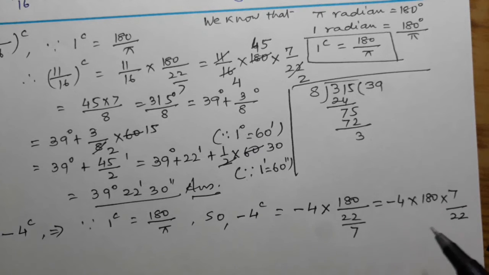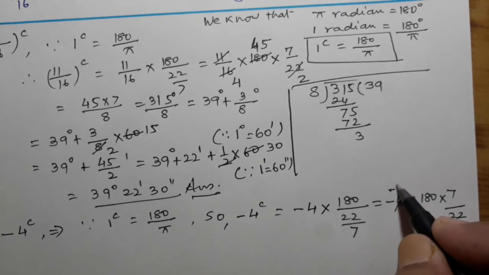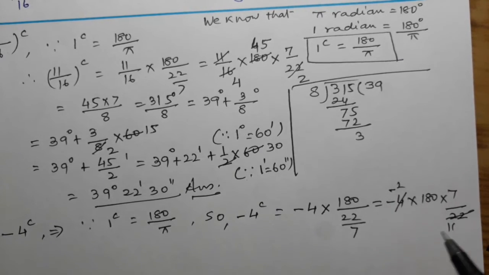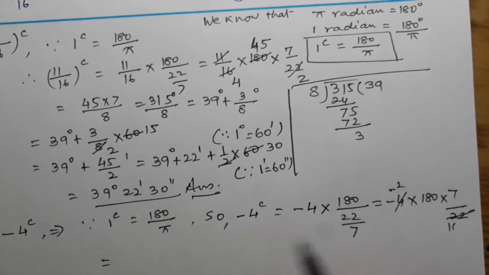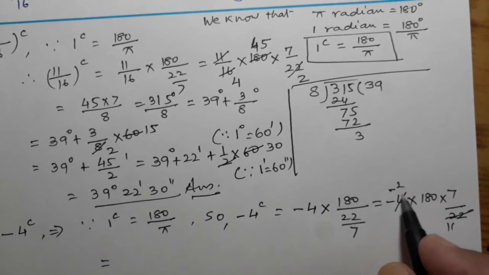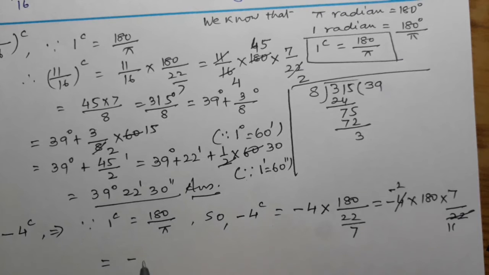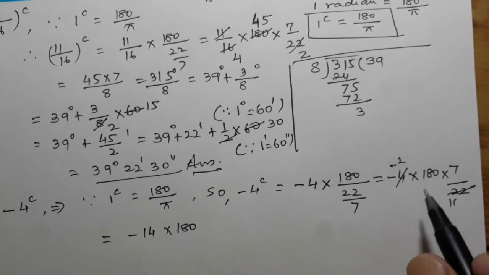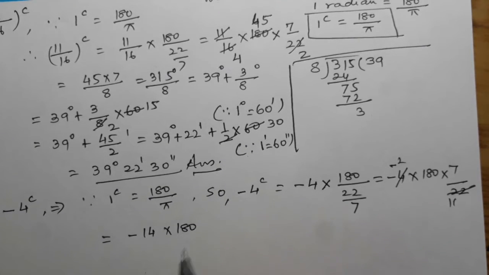So by this we can cut it. It will be minus 2 and it will be 11. This will be minus 2 into 7, minus 14, and 180 as it is here.